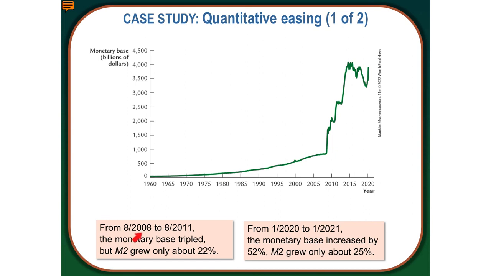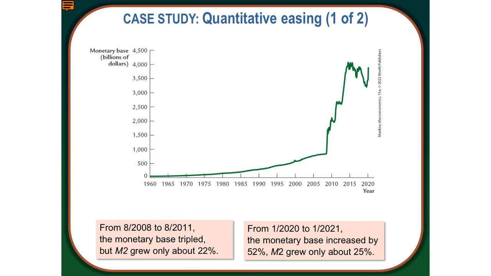From 2008 to 2011, during the height of the financial crisis, the monetary base tripled. It's just this incredible increase that we can see here in the time series graph. But the money supply, M2, only grew by about 22%.